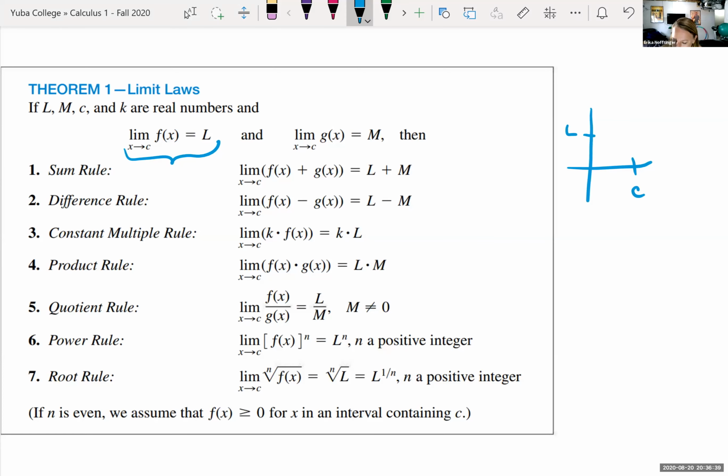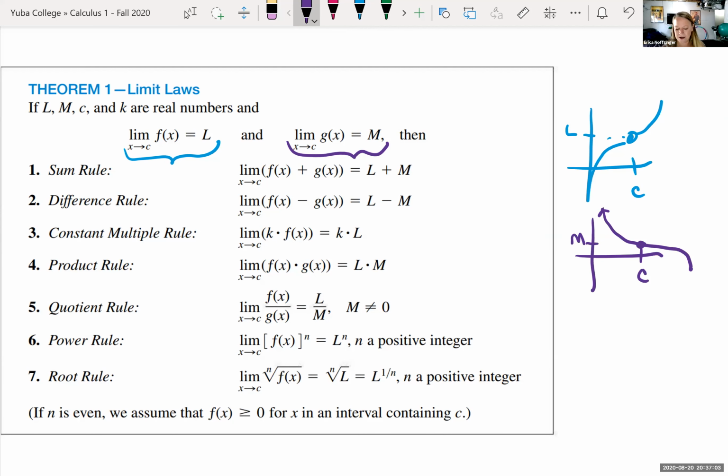so your graph here could be an open circle or not, but here you're going to get back a value of L. And you look at your graph of g of x as x is approaching c, g of x could look different. Who knows? And you get back M, then we can do the following.